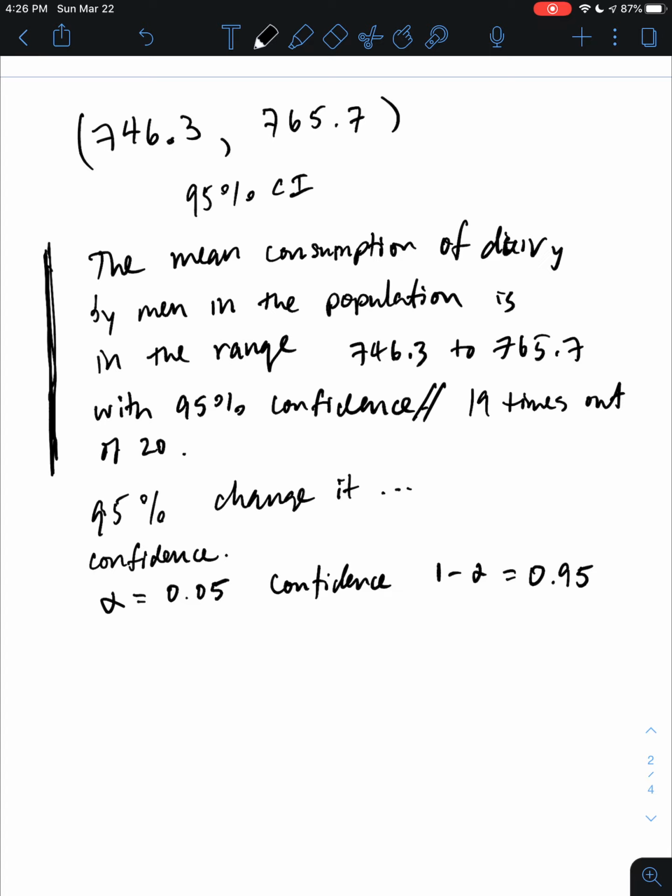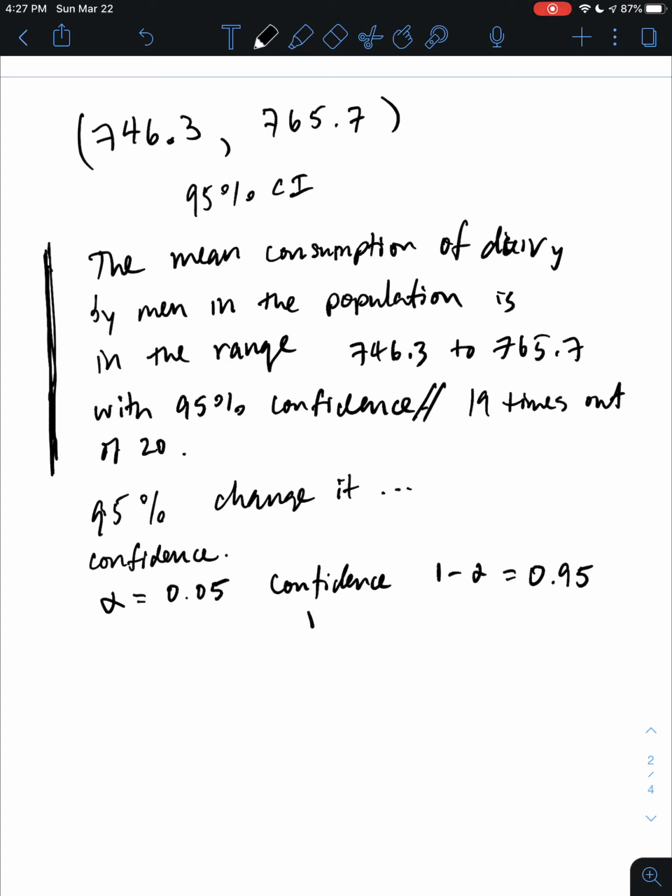But for now, we're just gonna leave it as alpha. There's a good reason why we want to talk about 5% instead of 95%, which we will explore later, in particular in chapter 9. But for now, pretty straightforward.